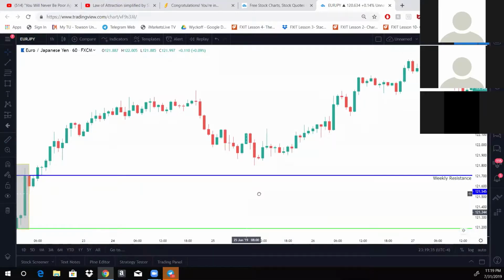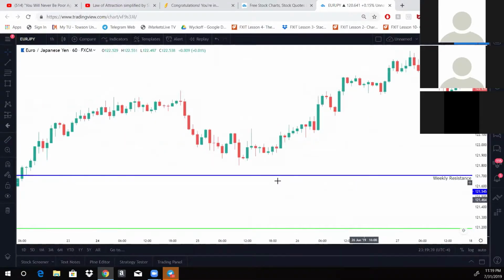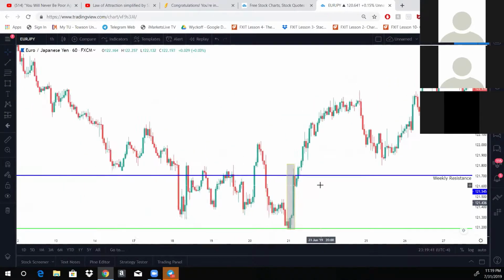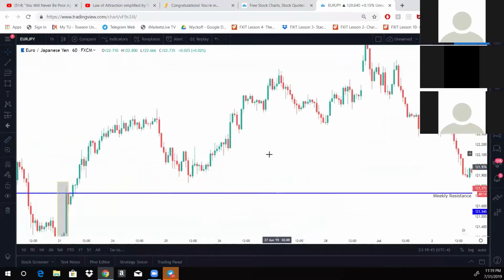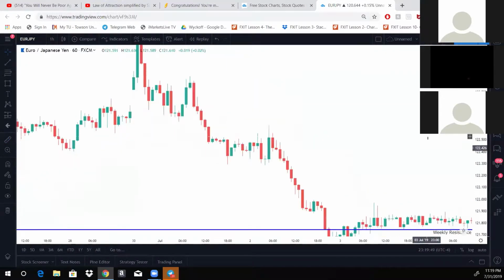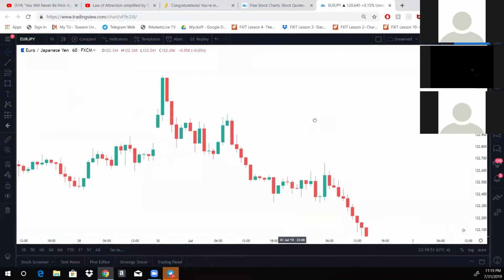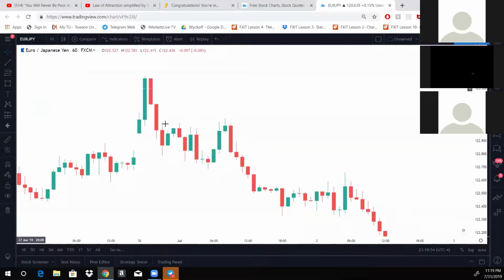I'm really trying to find an engulfing candle that is very, very powerful. So we have something like this. I like when I see this formation right here.